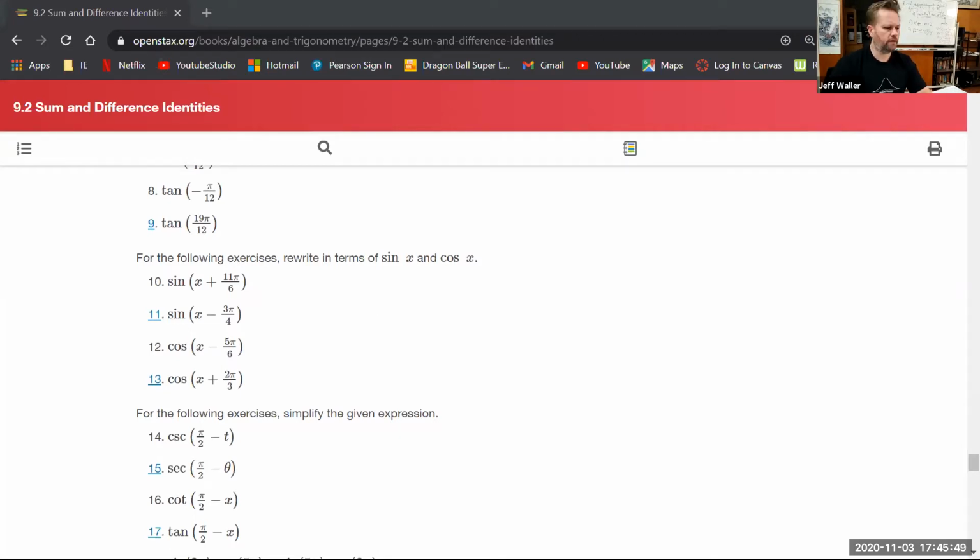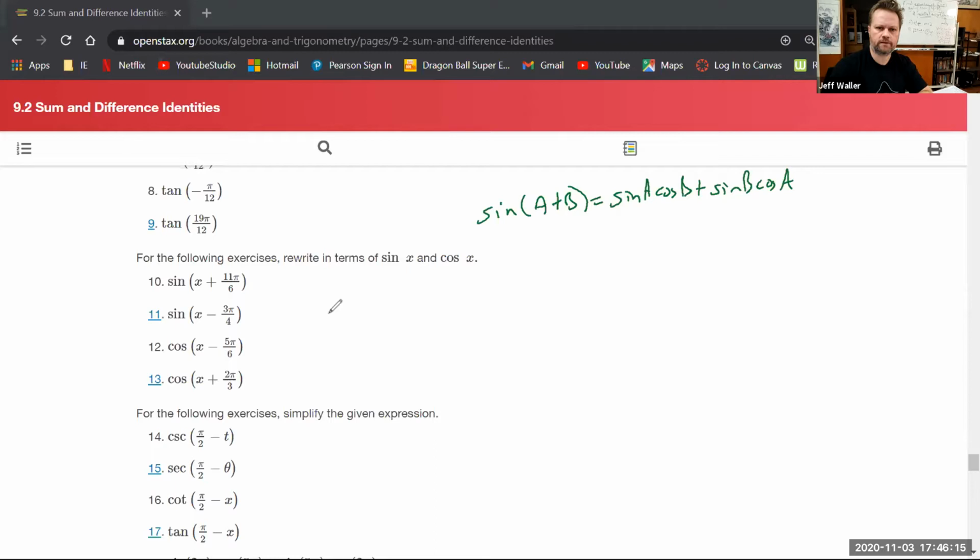This is all about sum and difference identities, right? So this is a sum. And these are two that we've done a lot. So by this point, you should have this memorized. So what is sine of A plus B? Sine A cosine B plus sine B cosine A.